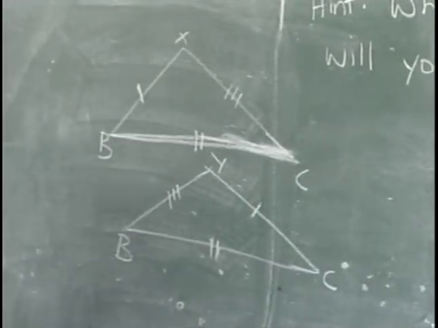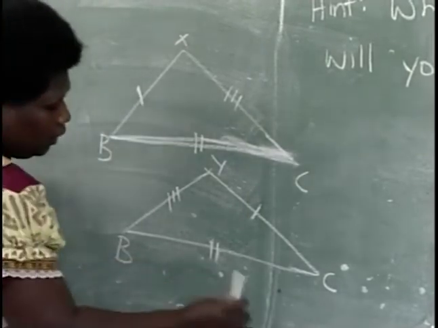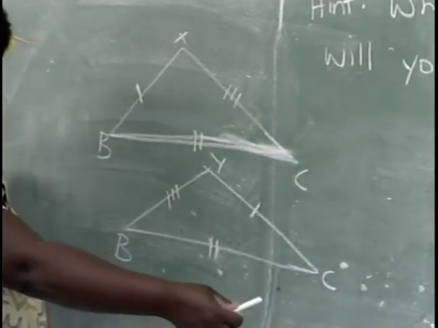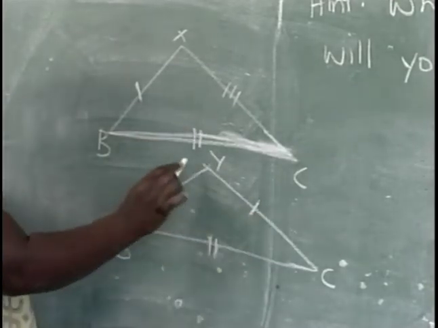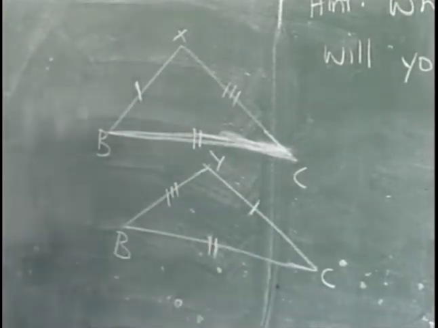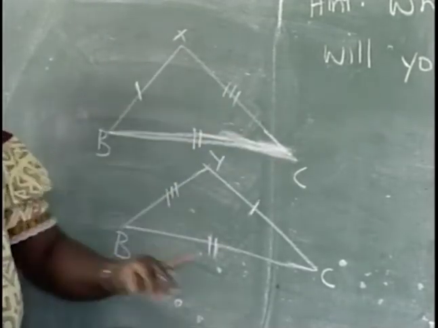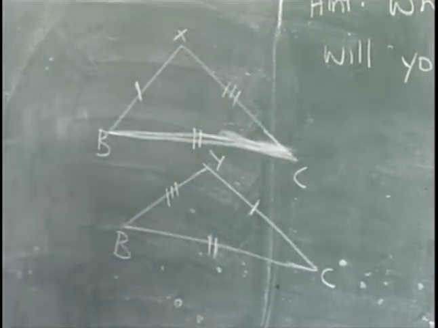It will not be the same if you drew BC differently, and if this one was different to this one, then CX and BY will not be equal.